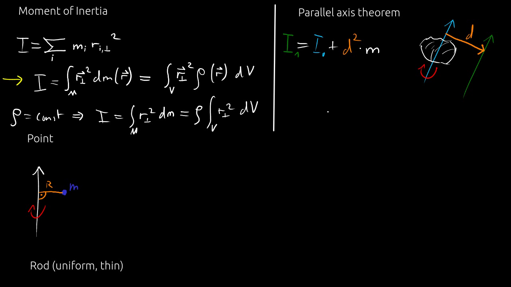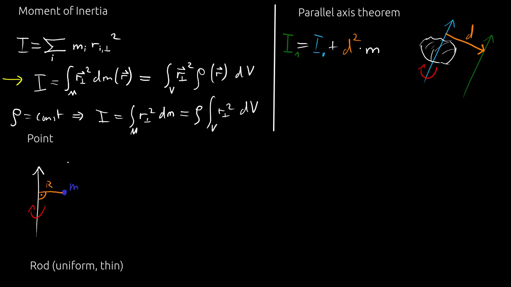It says that if we know the moment of inertia of an object rotating around an axis going through its center of mass, then we also know the moment of inertia for this object around a parallel axis, if we know the distance to that axis and the mass of the object.